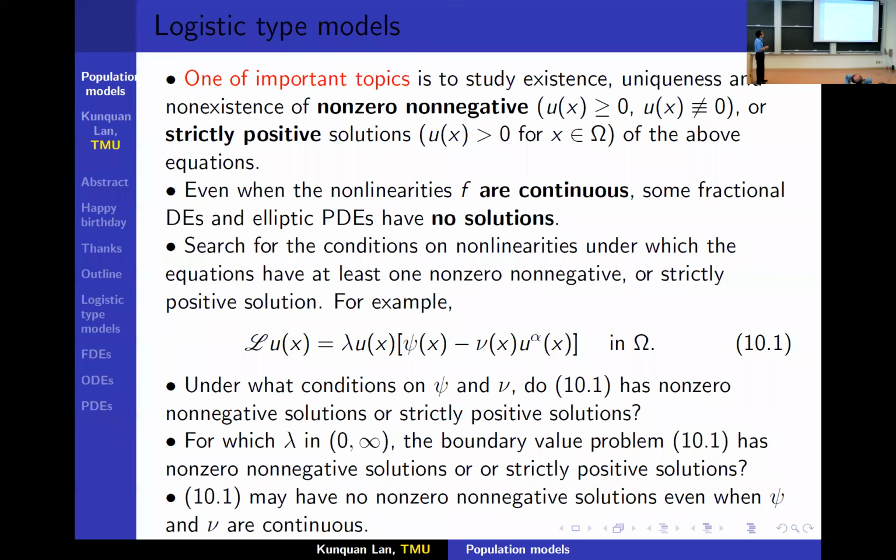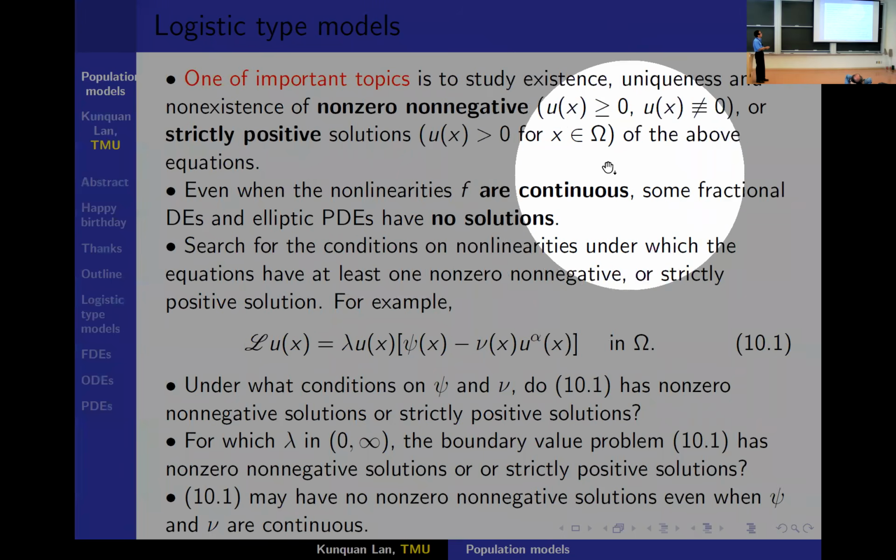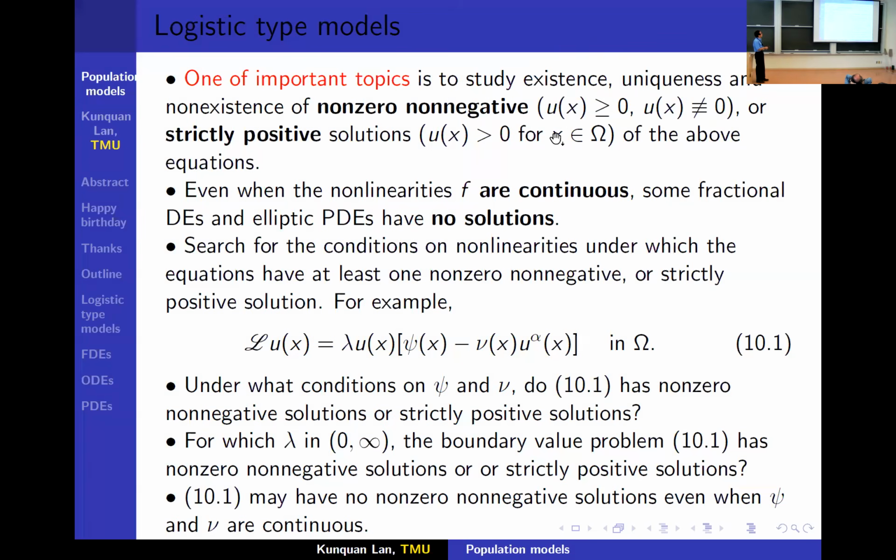So our main purpose is to study the existence, uniqueness, or non-existence of non-zero, non-negative solutions. Non-zero, non-negative means this, and strictly positive. So we can justify that the solution is strictly greater than zero everywhere.